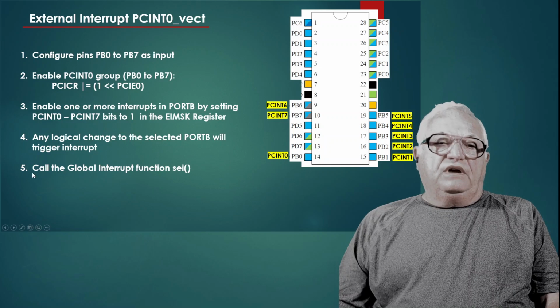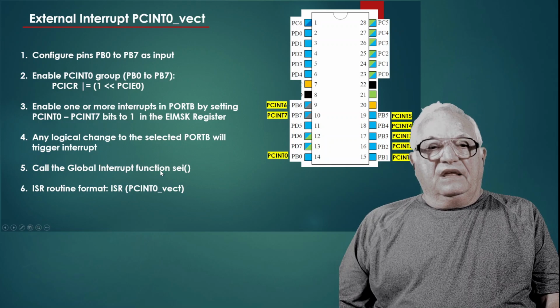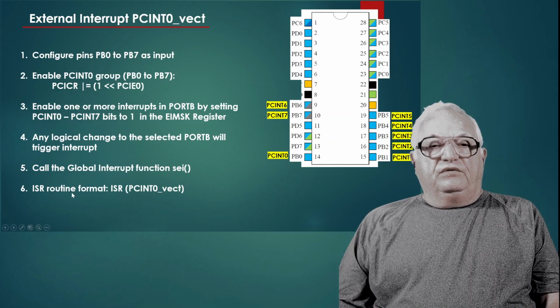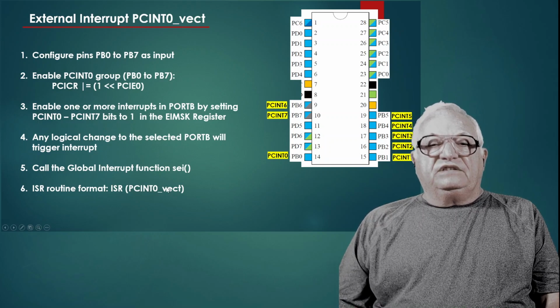As usual, we have to call the global interrupt function, and the format for the ISR will be ISR(PCINT0_vect).